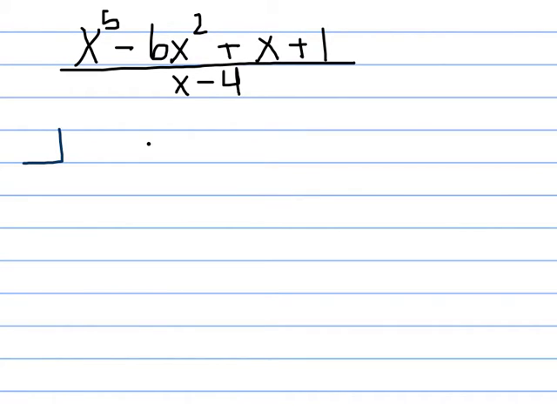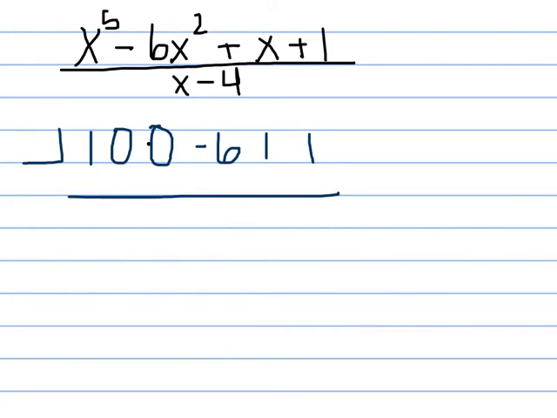I have 1x to the 5th, 0x to the 4th, 0x cubed, negative 6x squared, 1x, and 1, divided by x minus 4. So the root that goes up on my shelf is 4. Those are the first two steps: put the coefficients and then the number on the shelf.